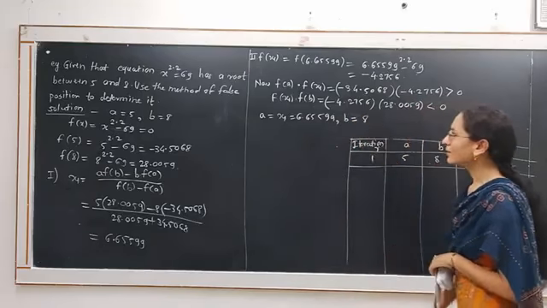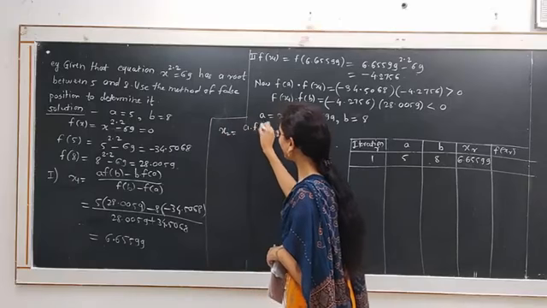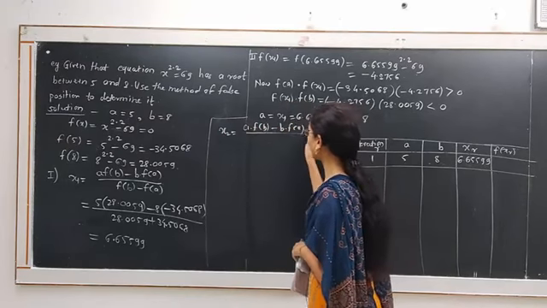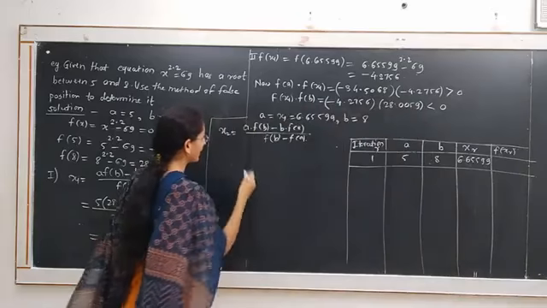Now we find x2 by using the regula falsi method. x2 is equal to the same formula, a into f of b minus b into f of a, upon f of b minus f of a. The value of a is 6.65599.